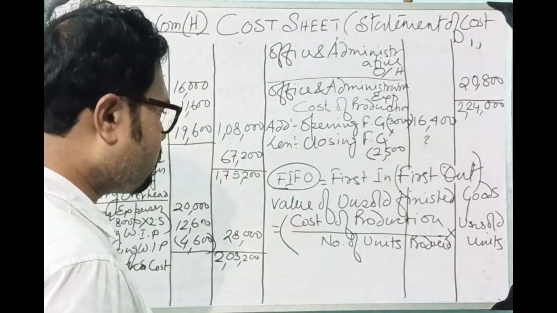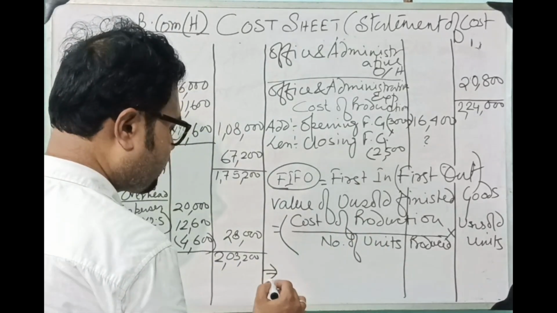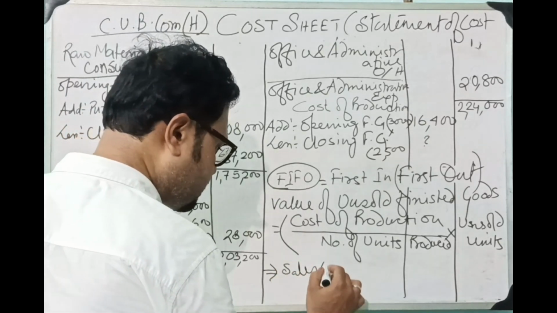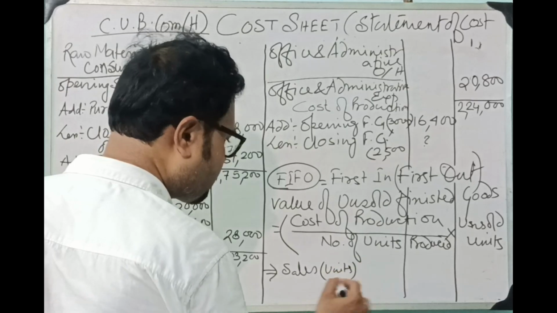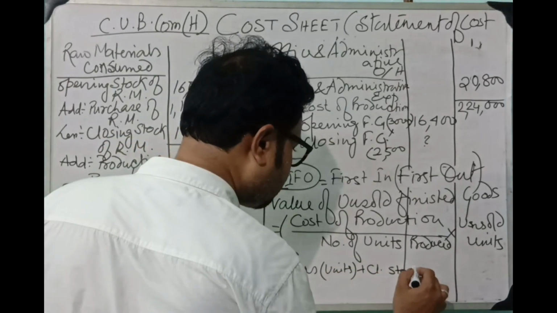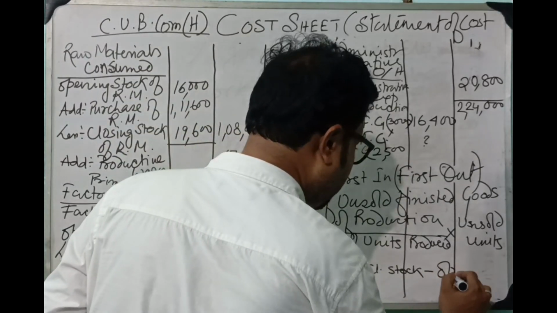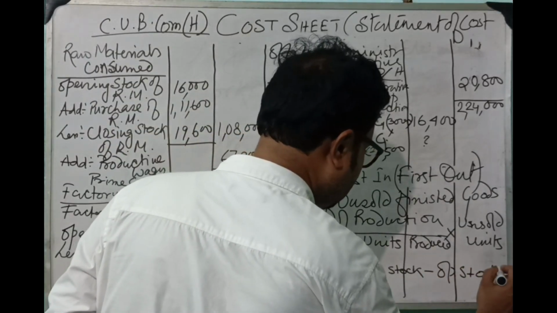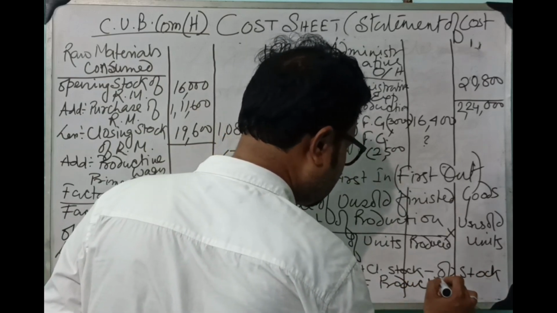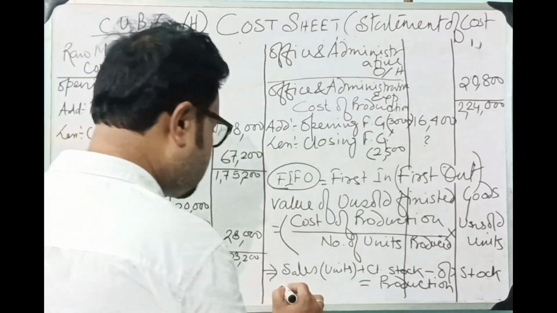Now first we have to know the number of units produced. How to calculate? Remember, sale unit plus closing stock minus opening stock equals production. So what is the sales unit given in the sum?